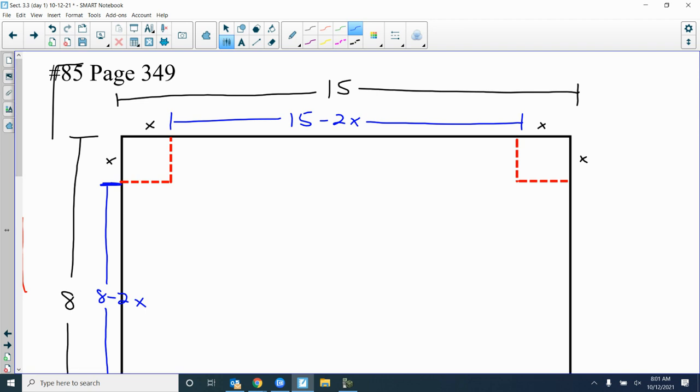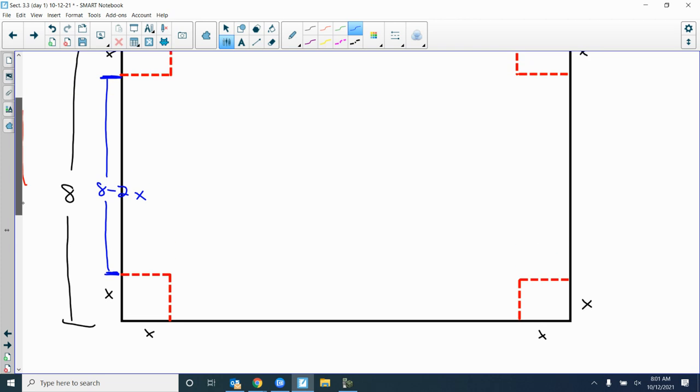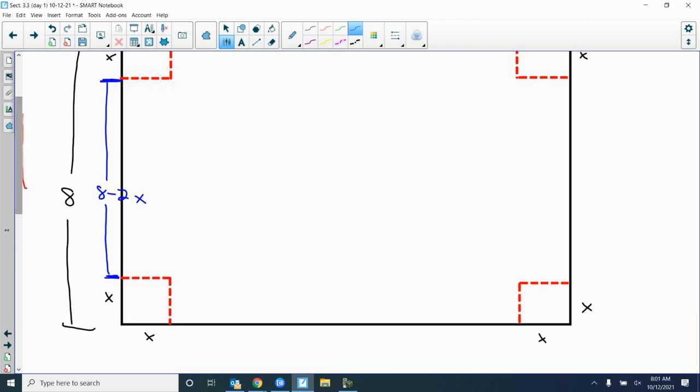We're cutting out, so we can't cut out a negative amount. Can you cut out an amount bigger than 15? No. What's the biggest amount you can cut out? Think about it. Austin, what do you think? I'm cutting it out of all 4 sides.